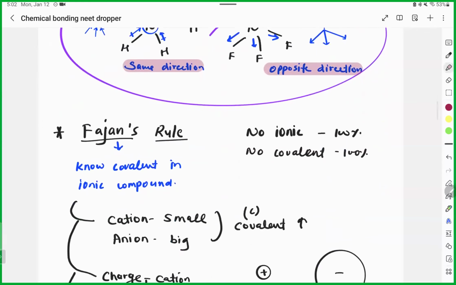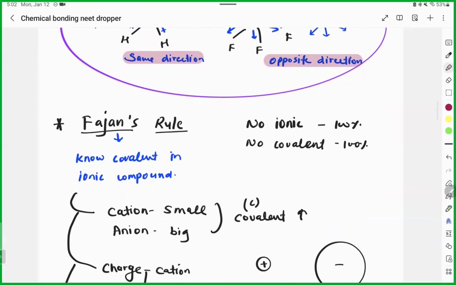Okay, next. Fajan's rule. Fajan's rule says that in an ionic compound, we want to know what is the percentage of covalent character. In an ionic compound, you have cation and anion.